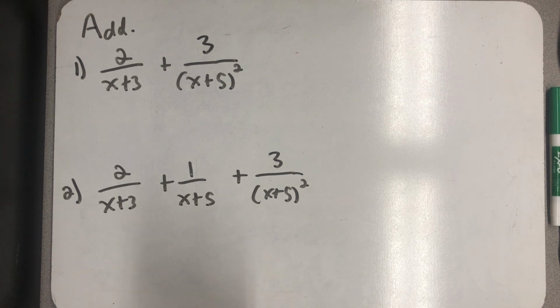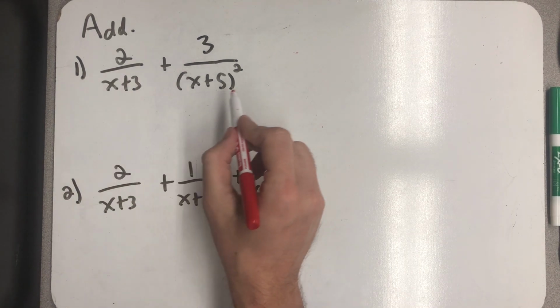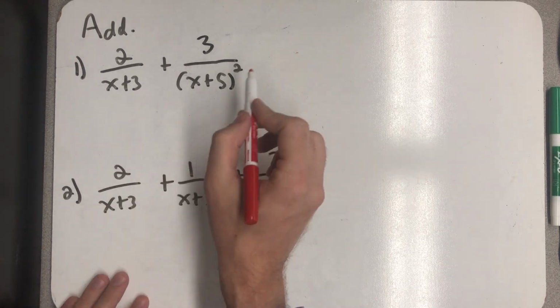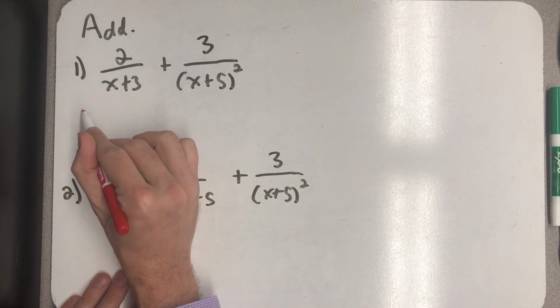So in this first problem, I would need to multiply the first fraction by x plus 5 squared and the second fraction by x plus 3 to find my common denominator.